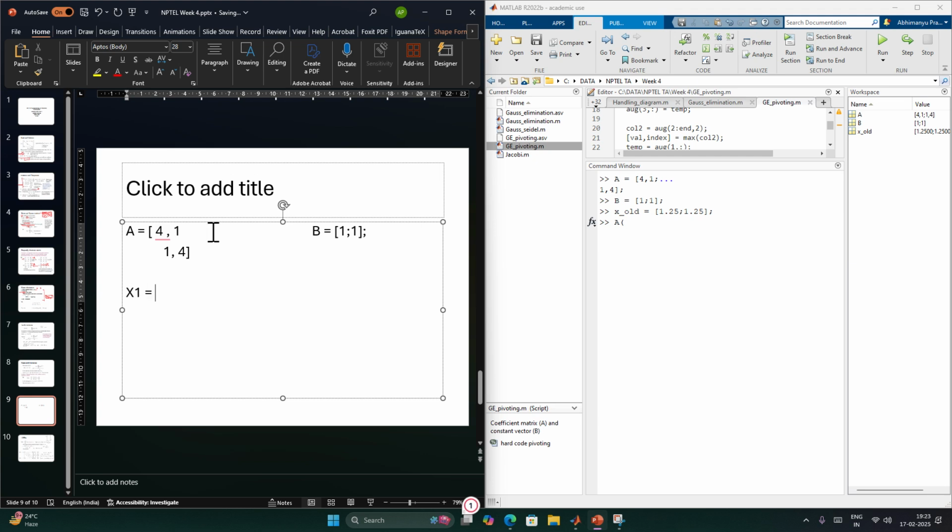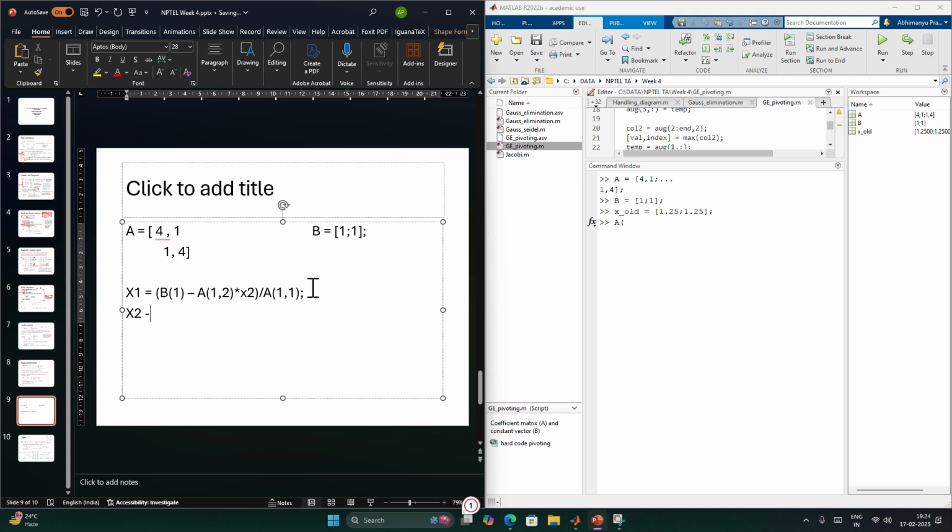Now if I try to write x1, then my x1 would be b1 minus a 1 comma 2 multiplied by x2, divided by a 1 comma 1, right?